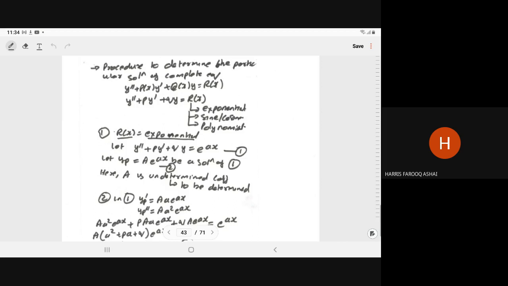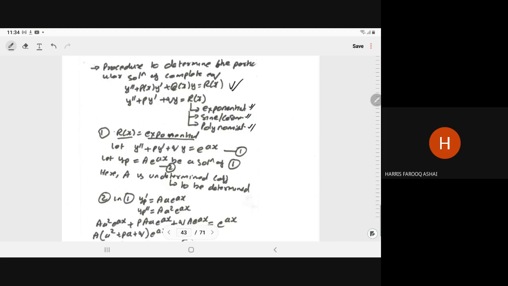So this is the general equation: y double dash plus px y dash plus qx y equal to rx. So rx here is not identically zero, so it can be of any form. Either rx is of exponential form, e to the power mx, or ax, e to the power bx, whatever. Or rx can be sine or cosine trigonometric, or rx can be a polynomial.